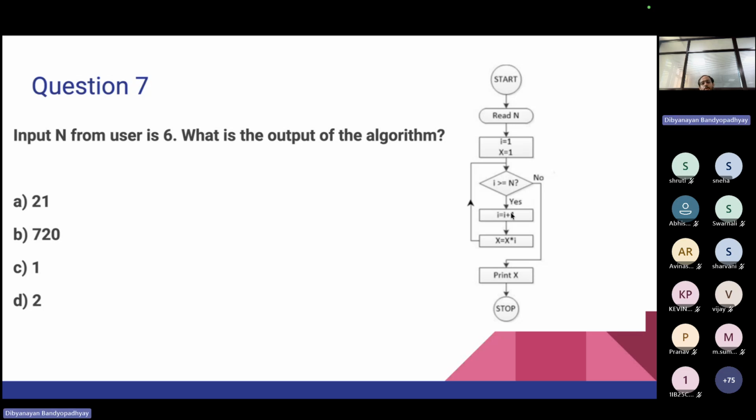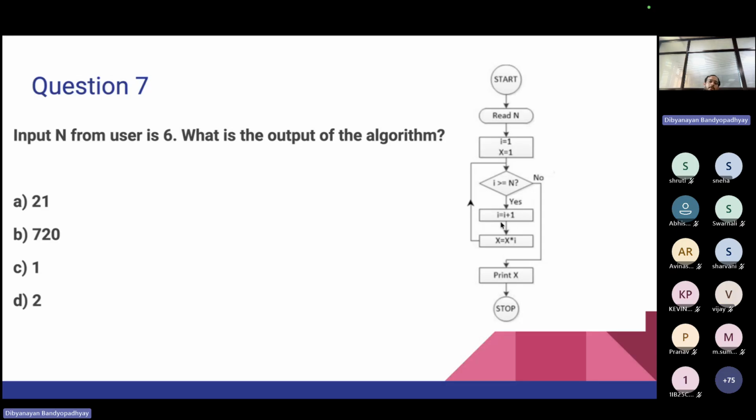You come here, the value of I is incremented to 3 and it will be multiplied with 6. So it is 18 now, 6 into 3. So the value of x is now 18, and it goes back here and the values will continue like that. It will never terminate and the computer will go on infinitely.